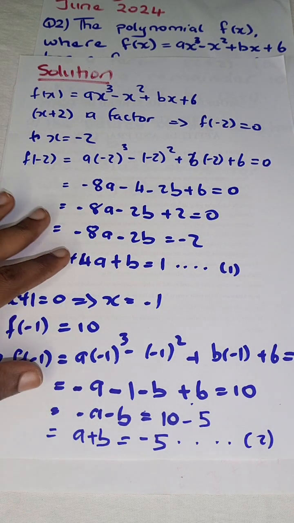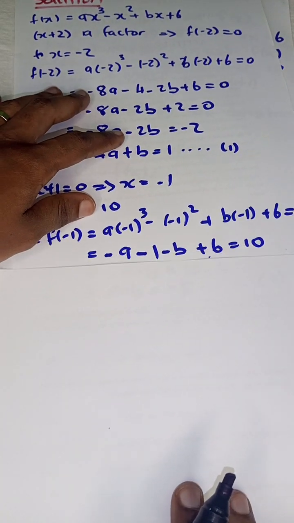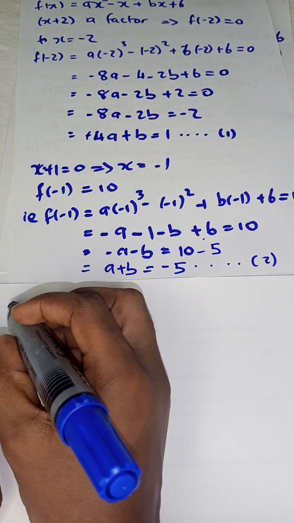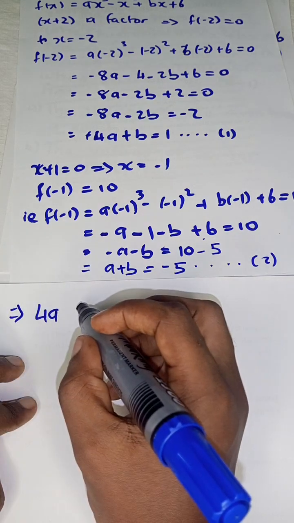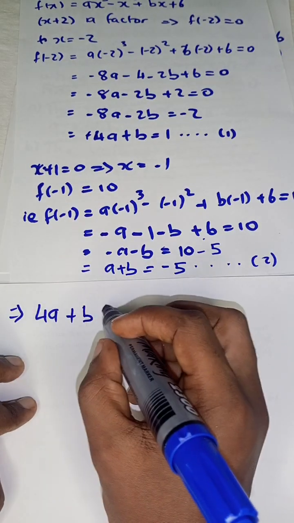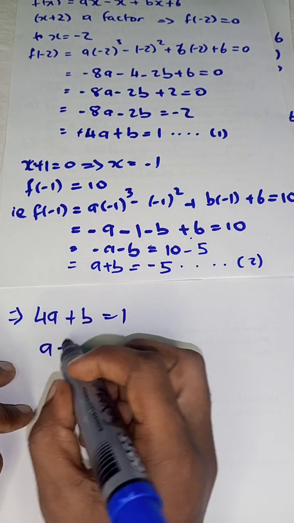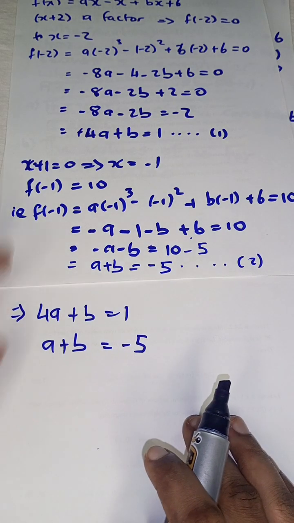Solving the simultaneous equations 1 and 2 for a and b, we have 4a plus b is equal to 1, and our next equation there is a plus b equal to negative 5.